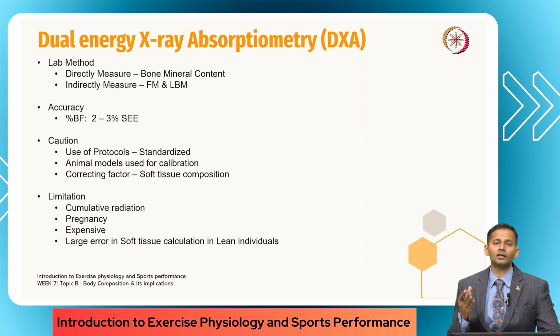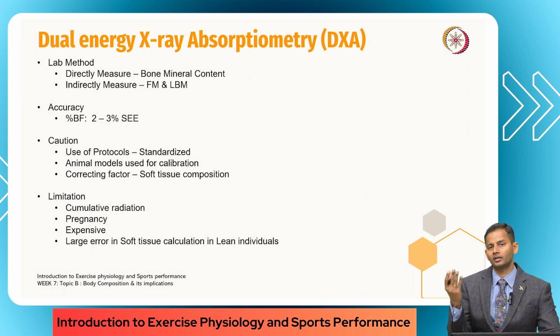The initial capital cost, equipment and maintenance are very high, so it's very costly. You may also have a lot of variation in the indirect measures of soft tissue calculation because an algorithm is involved, and in lean individuals, because of the very small amount of soft tissue, there may be differences in the calculations, so there may be some measurement errors.